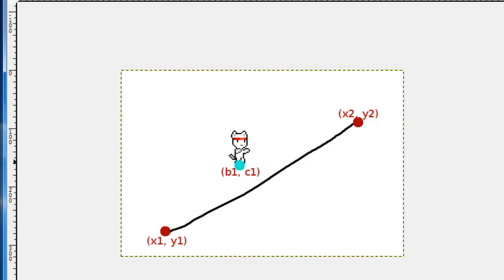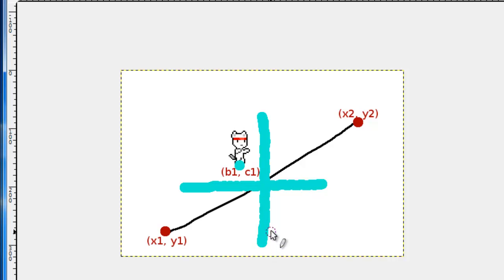Now, we need to know a couple of things. We're going to be checking two components, the horizontal component and the vertical component. Well, are we really going to be doing this? No, sorry about that.